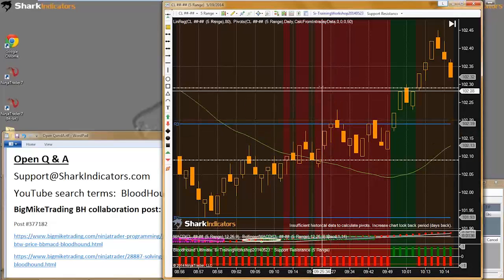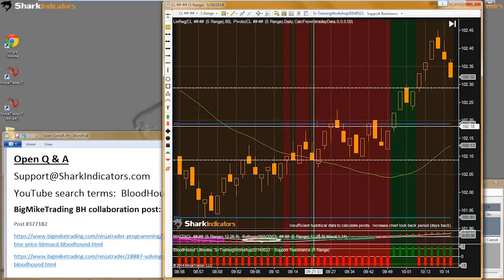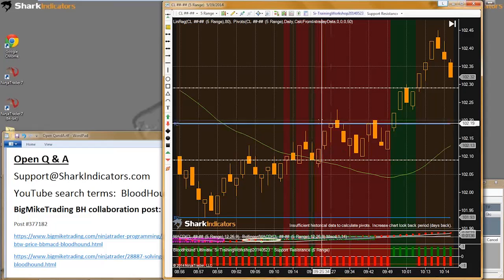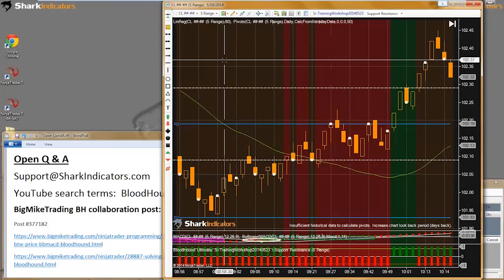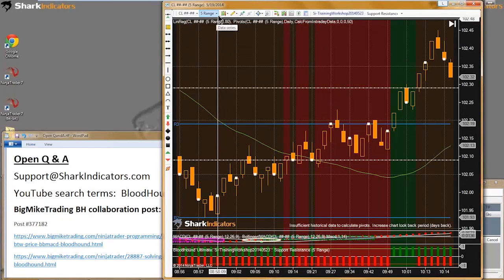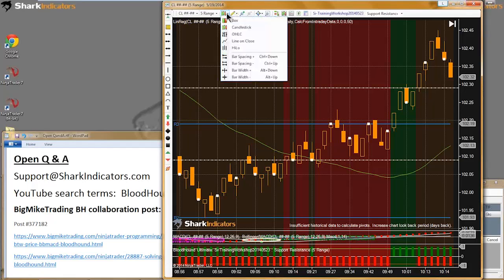All right, so we have these white lines that are 10 ticks above and 10 ticks below the R3 line. And next, I'm going to take the price and change it to a line so that it's easier to visualize.